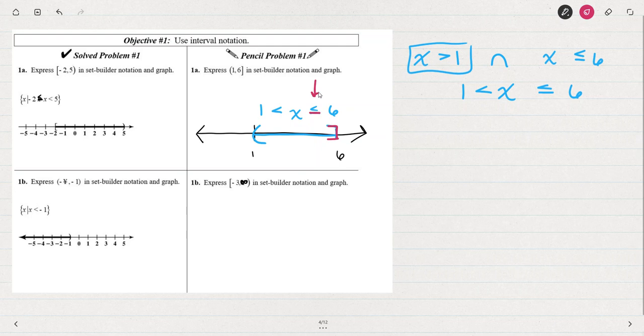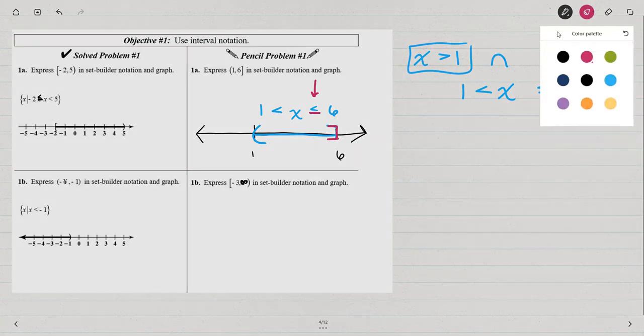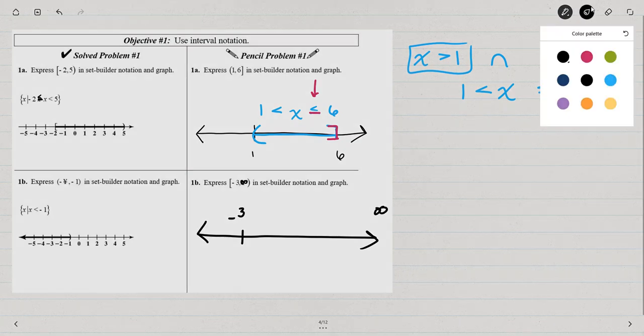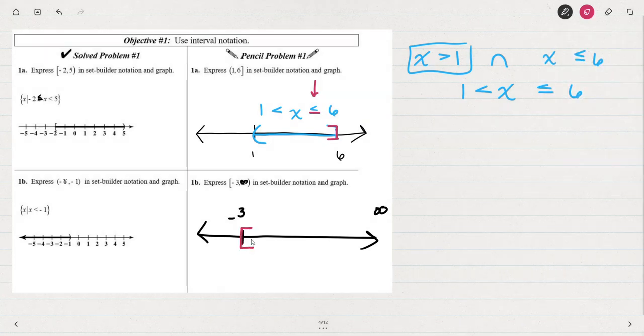Express this set, negative 3, including negative 3, up to infinity. Again, I'll start with a number line, a graph. We're going to go from negative 3 up to infinity. And it looks like we're going to include the negative 3, right?